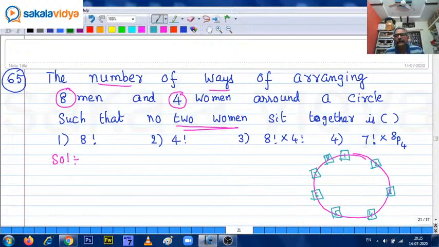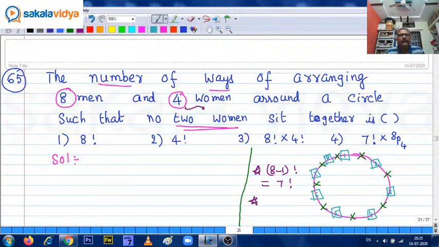Now gaps, 1 to 8. So these 8 men can be arranged in 8 minus 1 factorial, that is equal to 7 factorial. Second, now 8 blank places are to be accommodated with 4 women. That can be done in 8p4. So 7 factorial into 8p4 is the answer.